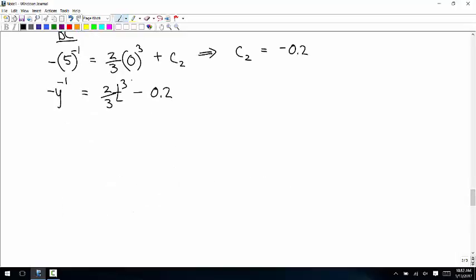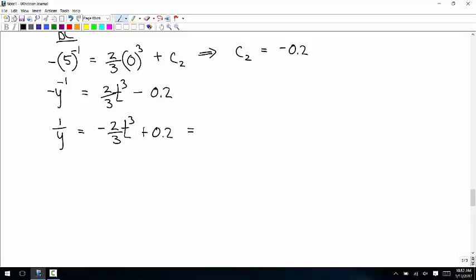This looks a lot like an example we did just a minute ago. So 1 over y is equal to negative 2/3 t cubed minus 0.2.